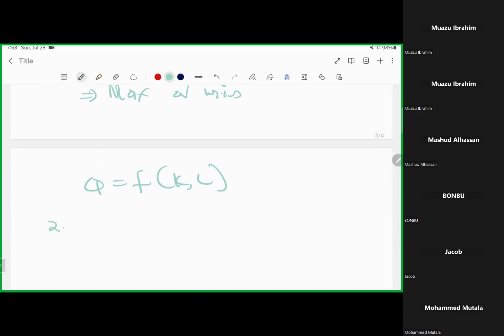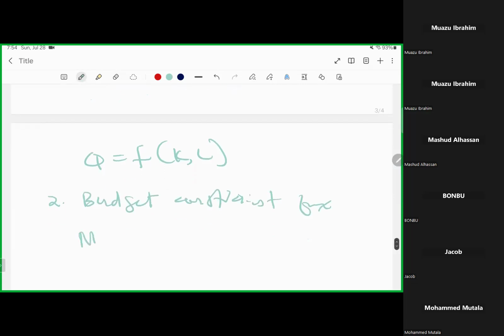The second one that we are also looking at under the Lagrangian multiplier is the constraint function, or the budget constraint function. And the budget constraint function, remember we already have that.